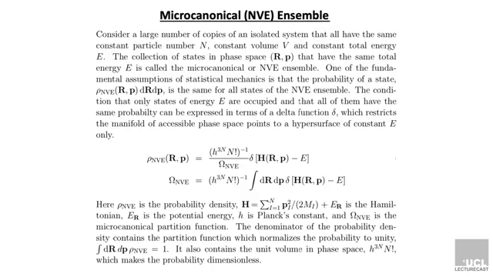And so we usually express this fact by a probability function, a probability of a state, which we call rho NVE, and it's actually not a probability, it's a probability density that depends on the phase space variables R and P, and once you integrate over that, it becomes a probability.